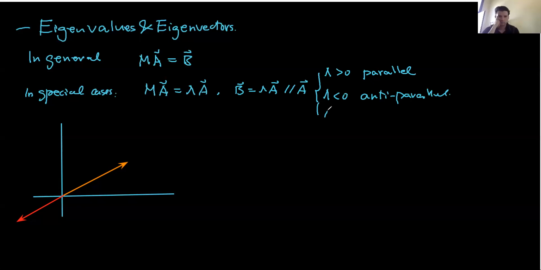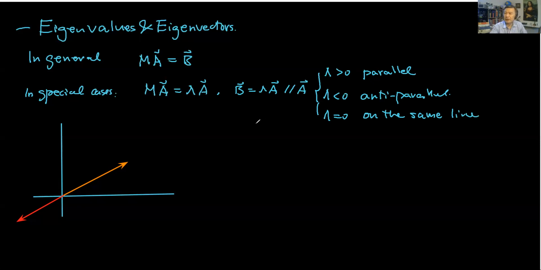Of course, what about lambda equal to 0? It's the same, it's just on the same line. In all cases, they are on the same line, determined by A.